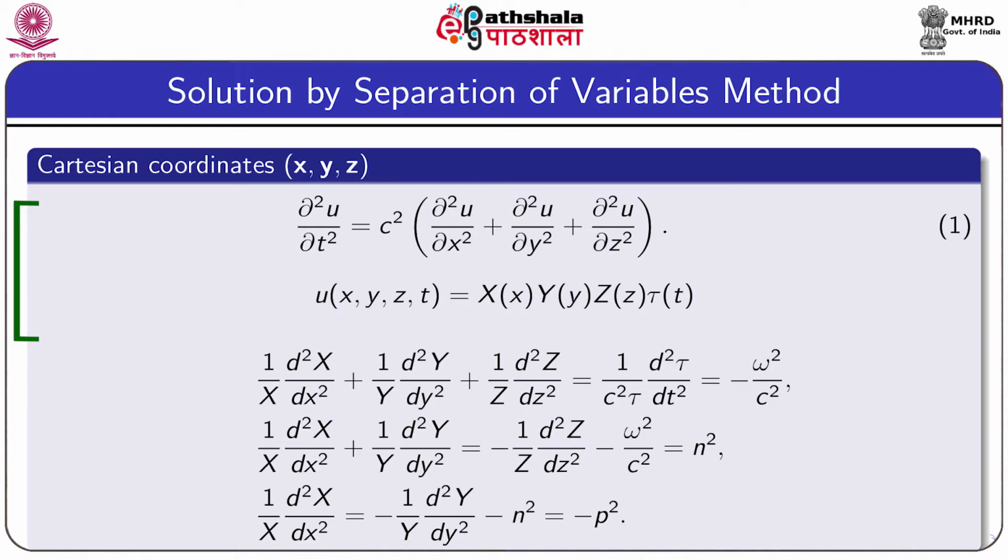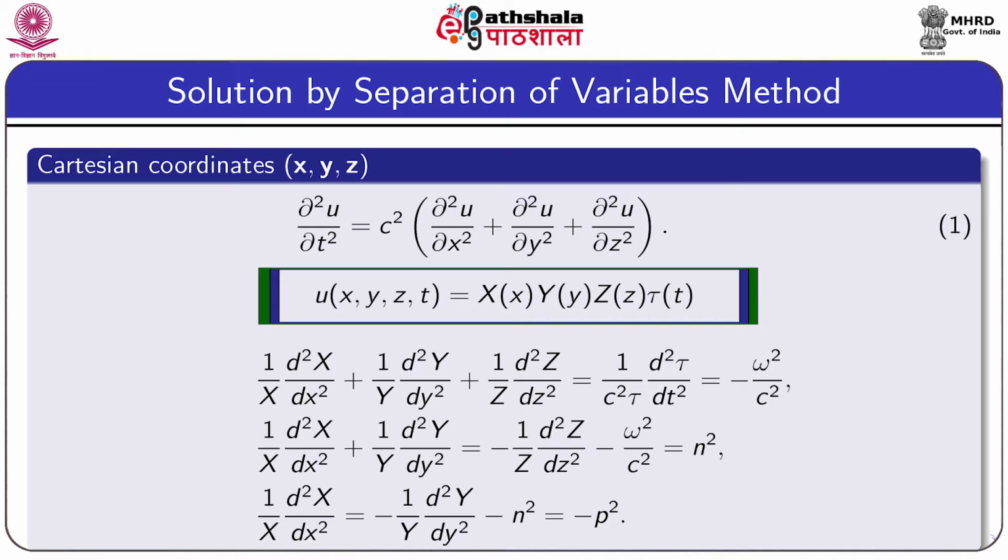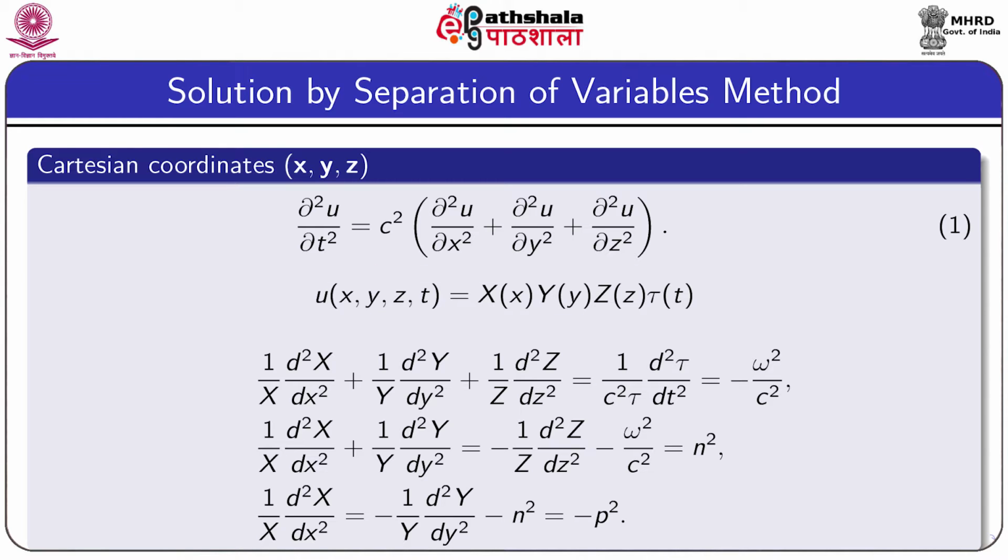The wave equation in Cartesian coordinate system can be represented by the equation given by equation number 1. As usual, we write the solution u as a product of 4 functions capital X, capital Y, capital Z and tau, where capital X, capital Y, Z and tau are functions of small x, small y, small z and t respectively.